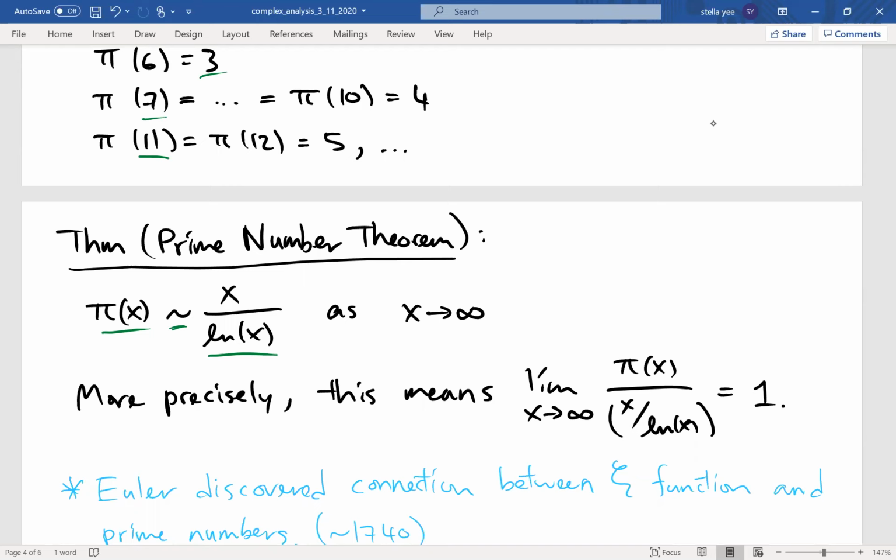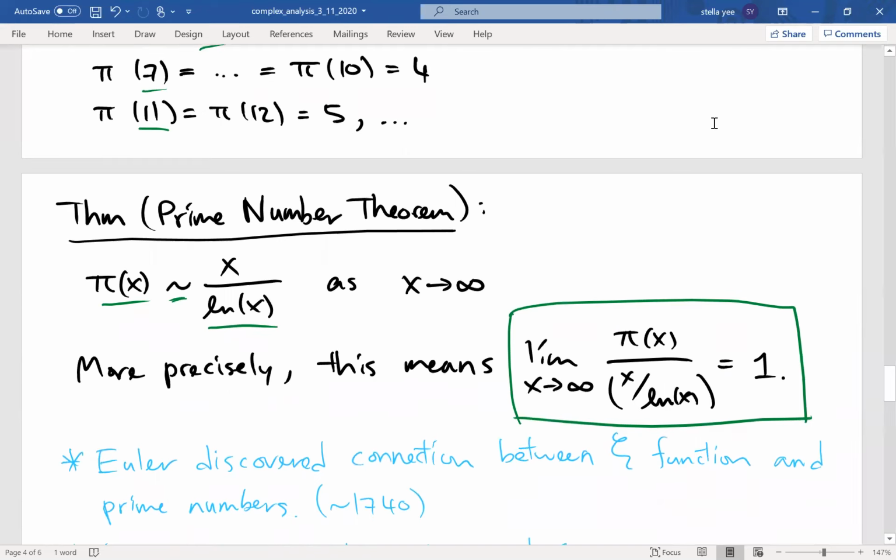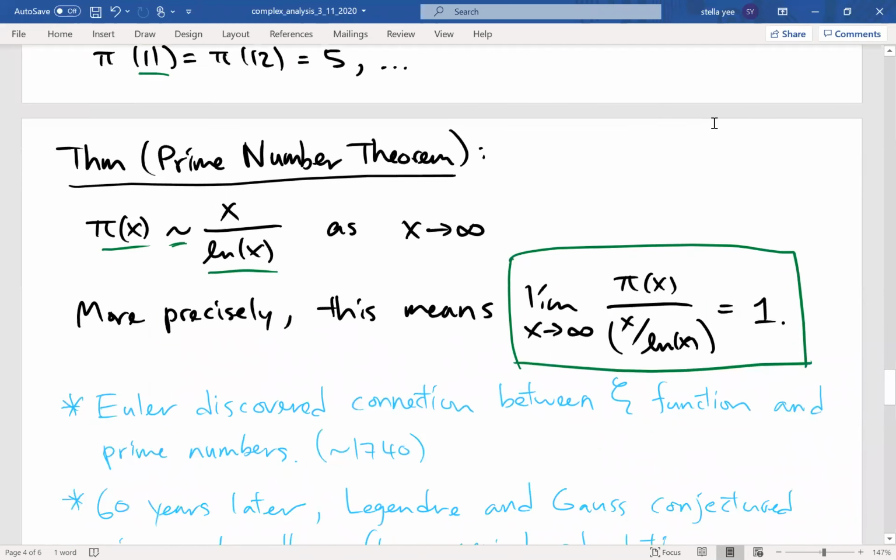The definition of that is really that if you take a ratio of these, the limit is equal to 1. So you could take this as another, more precise statement of the prime number theorem. So pi of x divided by x over natural log of x goes to 1. That's the prime number theorem. Okay.